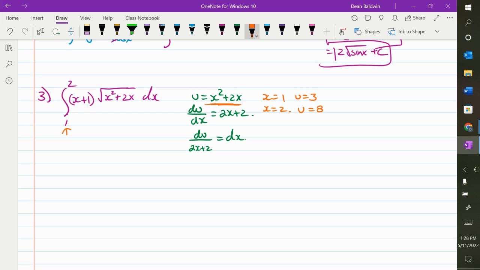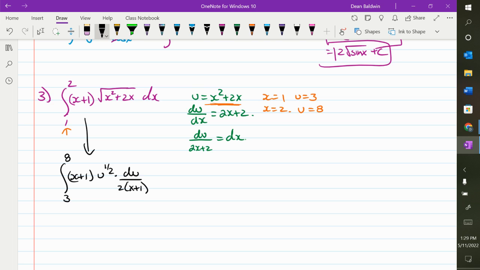So now my integral becomes, once you sub in everything, the integral from 3 to 8 of u to the power of a half times du. I'm going to factor out a 2. Does everybody see why I factored out a 2?